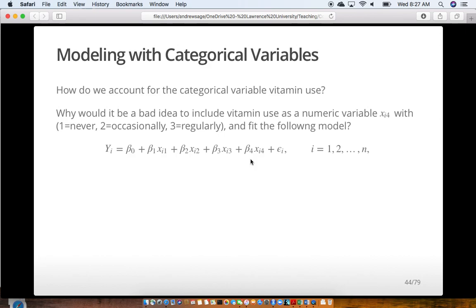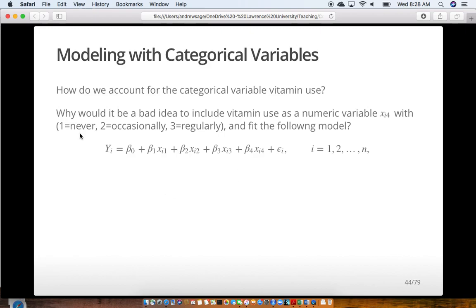It really doesn't make sense to talk about a linear relationship with a categorical variable. Even if I let 1 represent never, 2 occasional, and 3 regular, this would be saying that there's some kind of constant slope, or I could interpret beta 4 as the rate of change in retinol plasma concentration for a 1 unit increase in vitamin use.